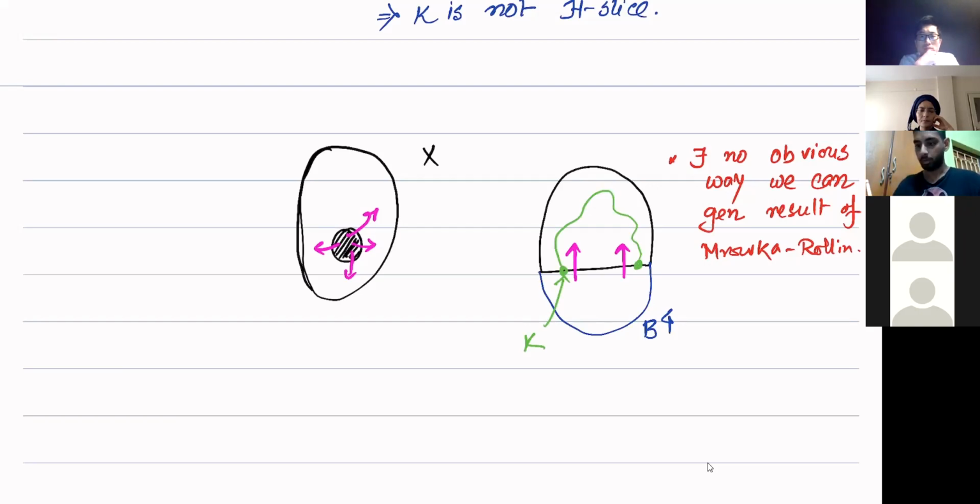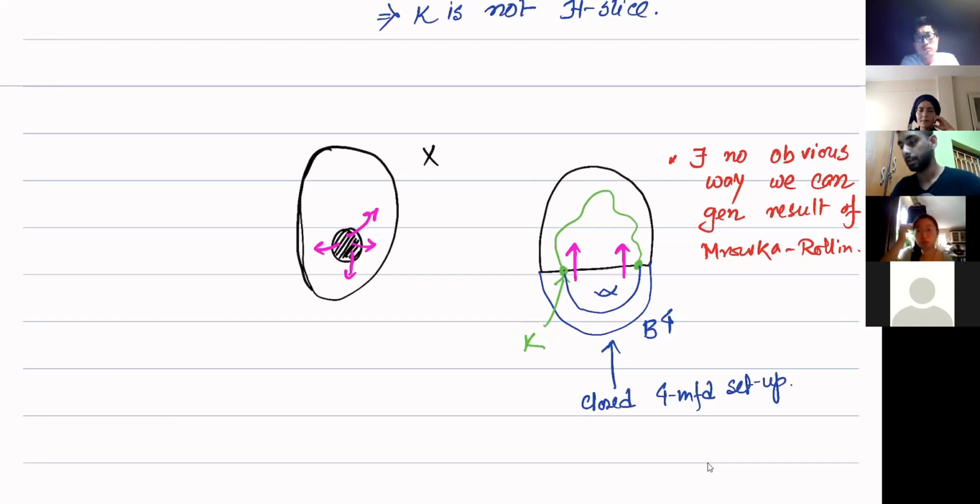So we can try to cap this off here with a closed surface, and then we'll have a closed 4-manifold setup. For a closed manifold setup, we have the adjunction inequality. So we can try to understand whether in this closed 4-manifold setup, this whole embedded surface somehow contradicts the adjunction inequality or not.